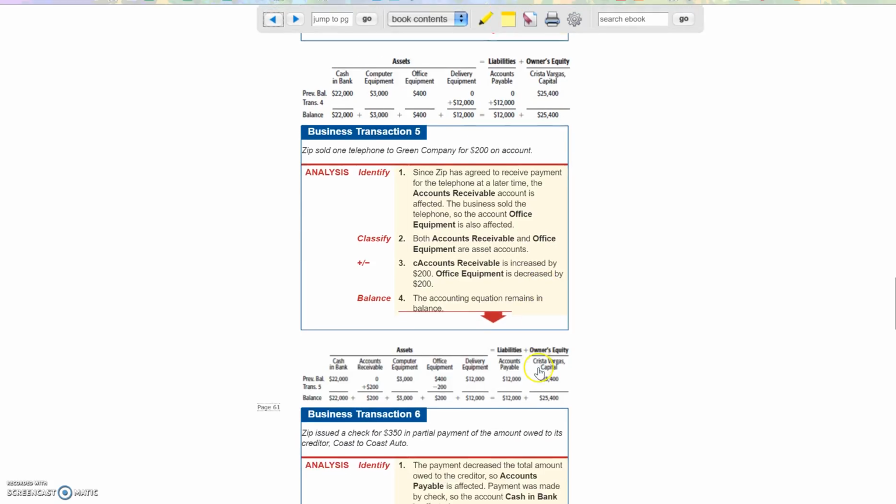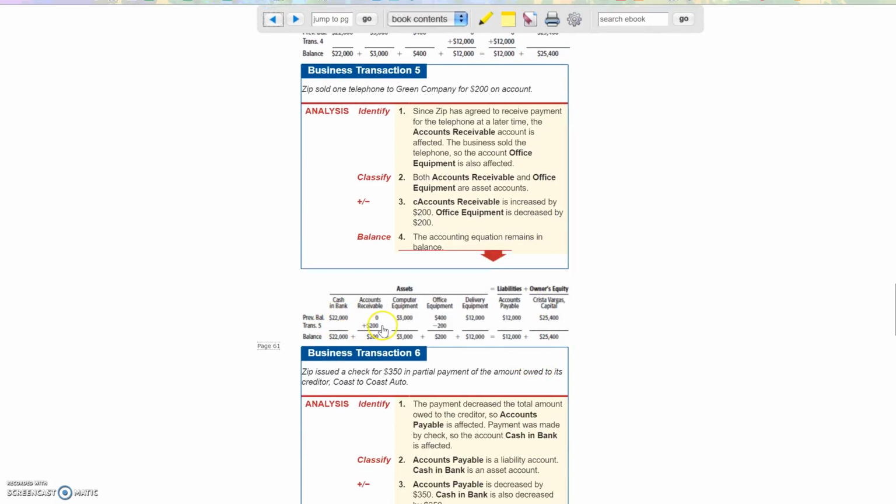We've lost a phone. We no longer have a phone. So here's our accounts receivable. And we're going to get $200 in the future, but now instead of $400 worth of office equipment, we only have $200. So nothing to the right side, but an increase and an equal decrease on the left side.